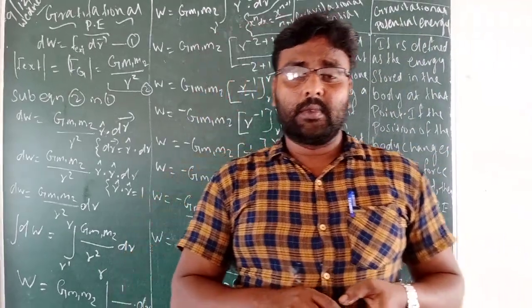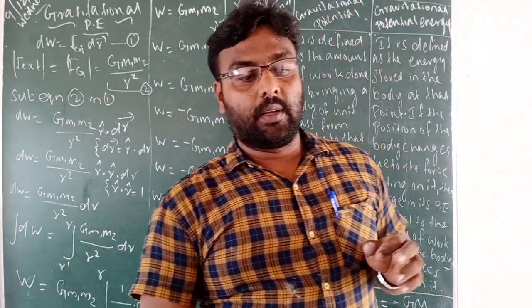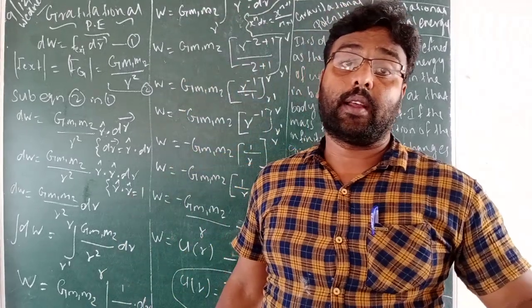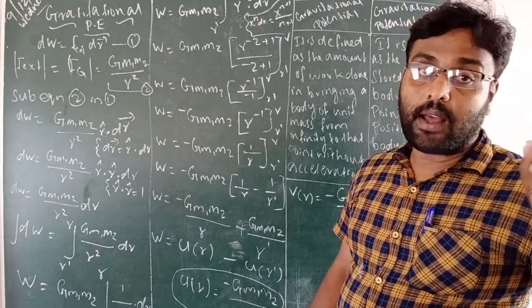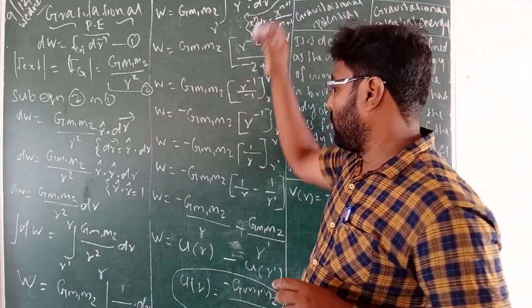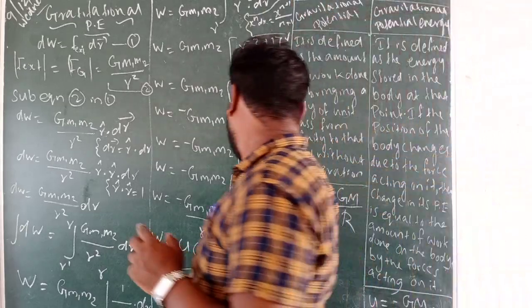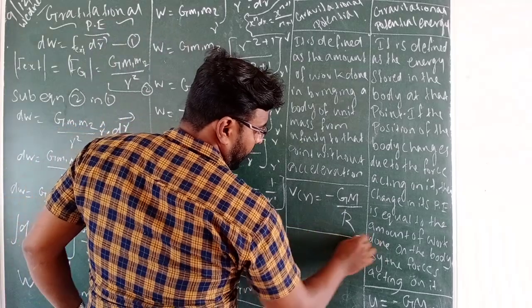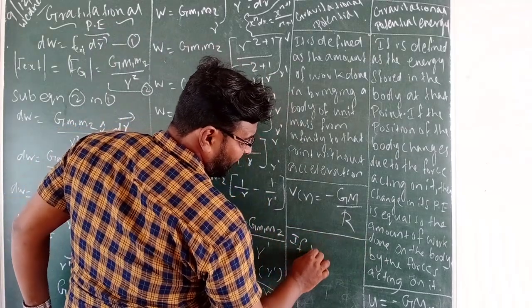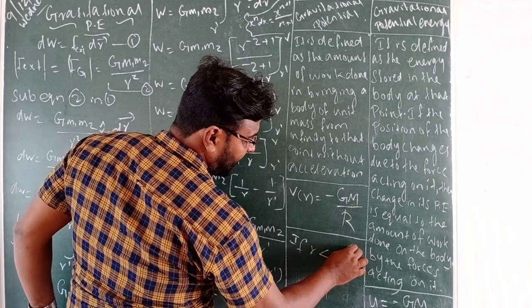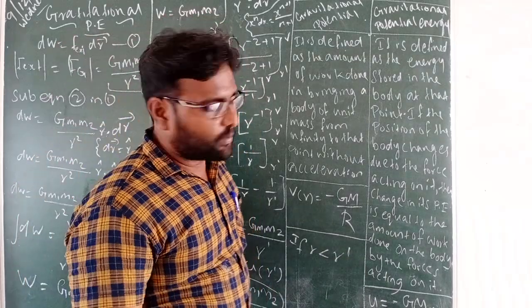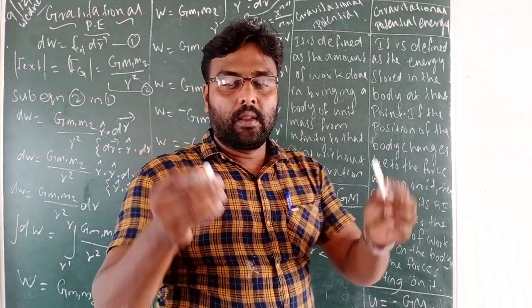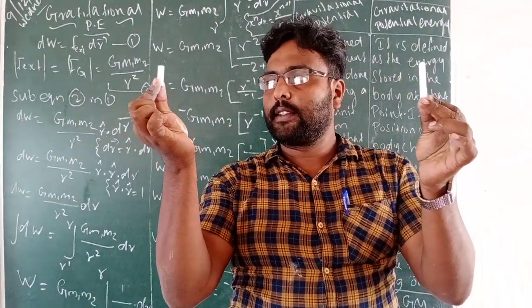Now this is one of the important 5 mark questions in this unit, and there are two cases. The first case is if R is less than R dash. R is less than R dash means this distance is R dash.